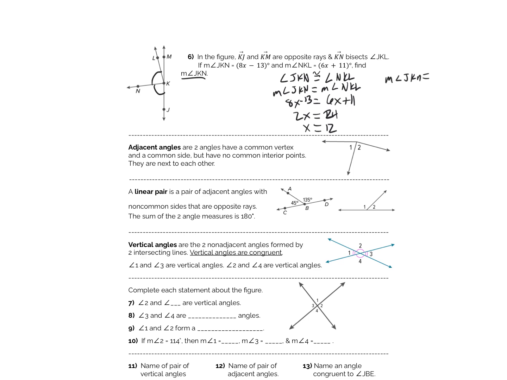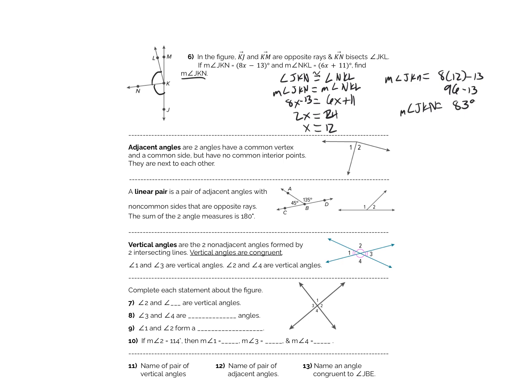So that is equal to 8 times our x, which is 12, minus 13. 8 times 12 is 96. And 96 minus 13 is 83. So the measure of angle JKN is 83 degrees.